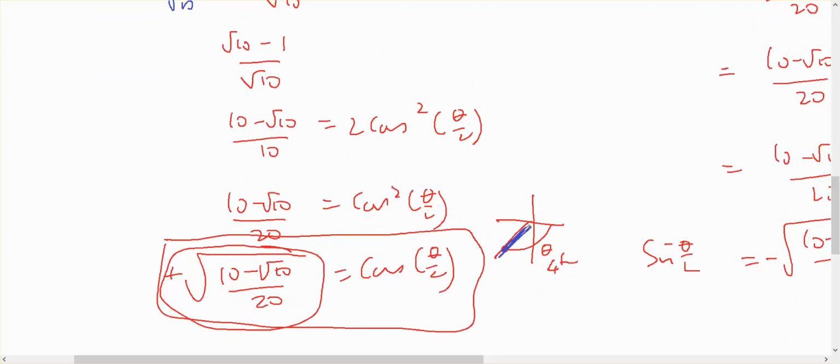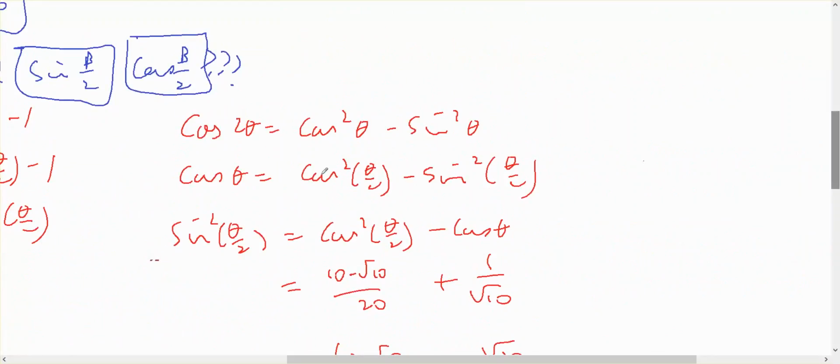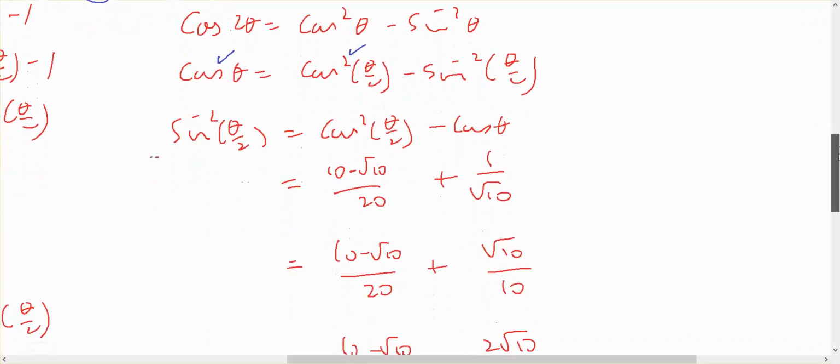Now I know that U is in the third quadrant because it's -1, -3i. So if I halve it, theta on 2 must be in the fourth quadrant, which means I want the positive square root only. Then I can jump over and look at the other form of the double angle formula for cos, because I now know what this is and what this is, because I just worked out this. I can then solve for the sine of theta on 2.